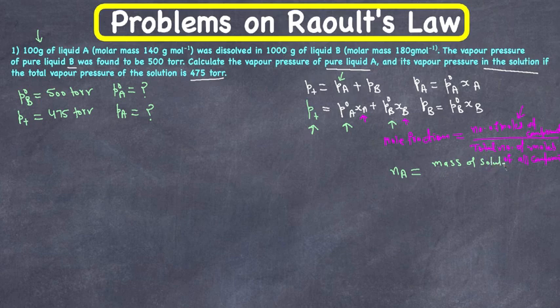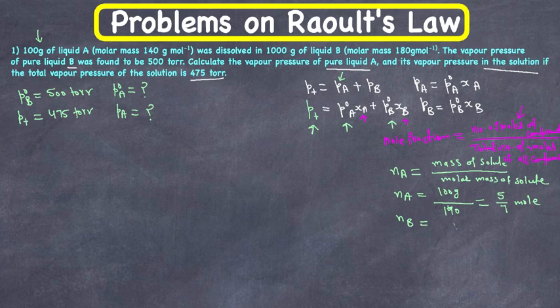So mass of solute divided by molar mass of the solute. So Na is equal to 100 gram divided by molar mass, which is 140 they gave us, and when we solve it, it comes around 5/7 mole.